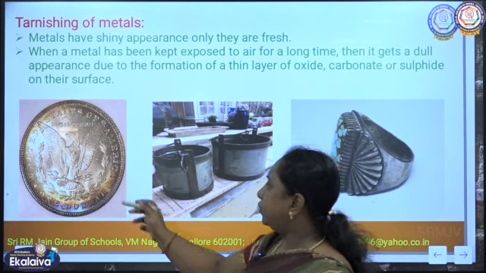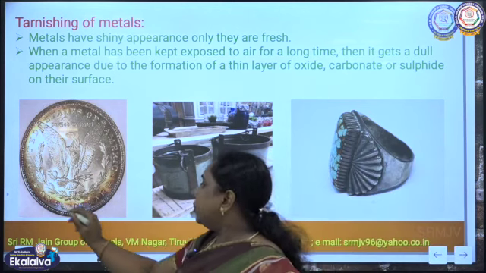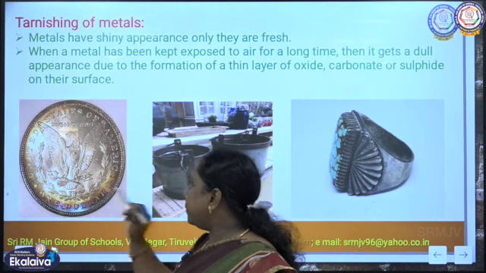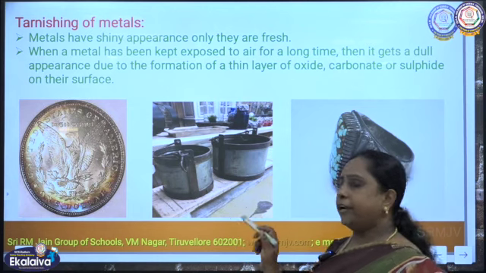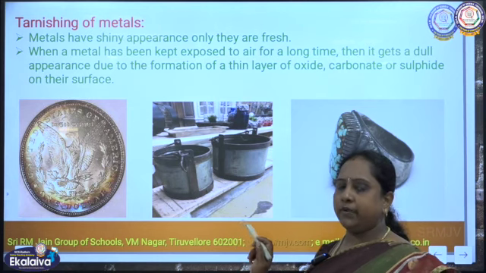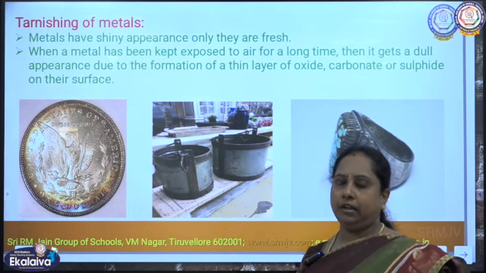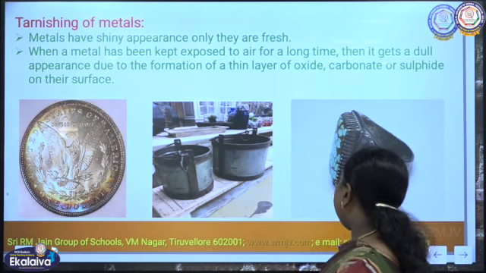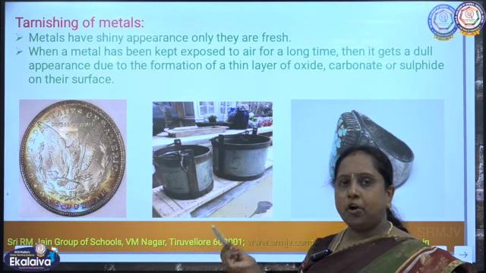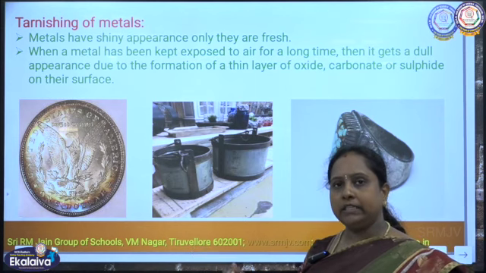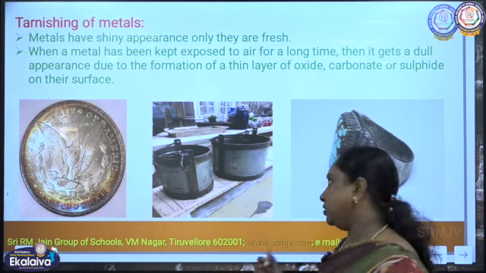If you see this, this is a copper coin. You could see the dull appearance of the coin. And articles made of iron also rust very easily due to moisture, water, and oxygen.